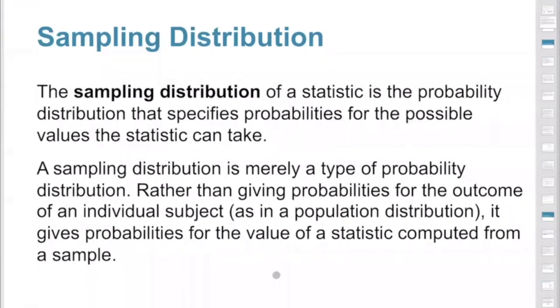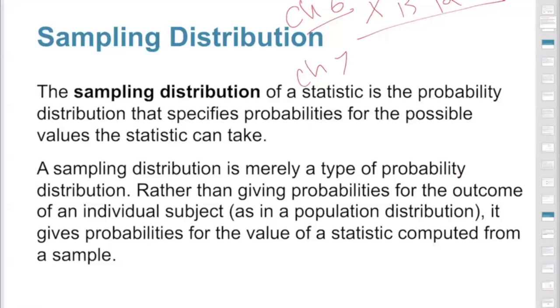So the sampling distribution, as you can see here, is of a statistic. What that means is that here we are dealing with a statistic, not a random variable. It's not like chapter number 6. In chapter number 6, we are dealing with X as a random variable, okay? But here in chapter number 7, we are dealing with statistics.